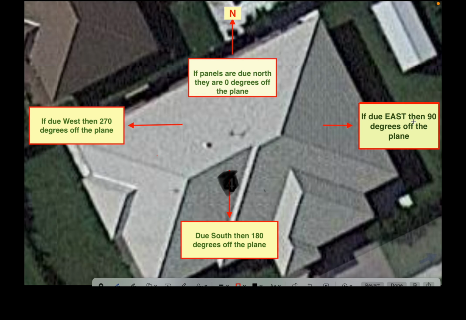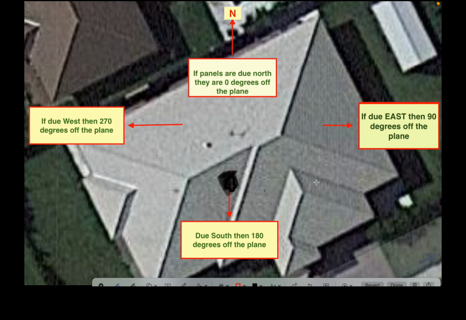So if we wanted to put panels on this southern roof, you can see that it isn't due south, it's actually facing south-southeast. Looking at a figure between 90 and 180, this aspect is about 160. So if we had to put panels here, this would be more efficient than if the panels were due south.